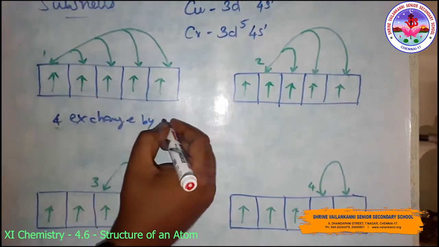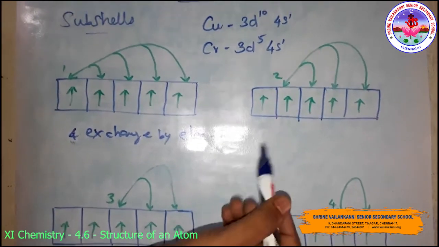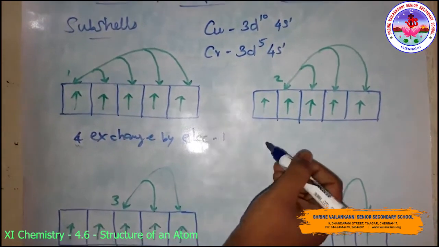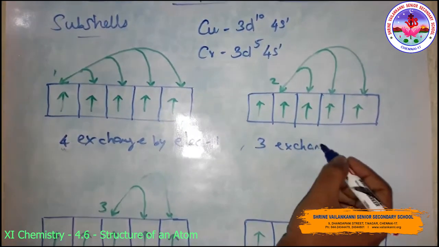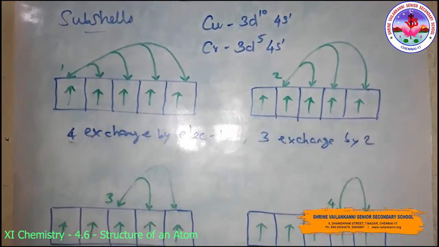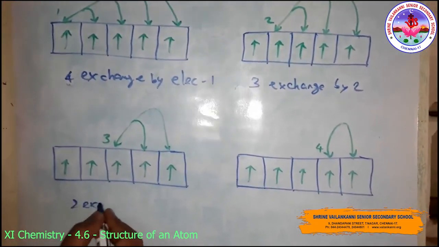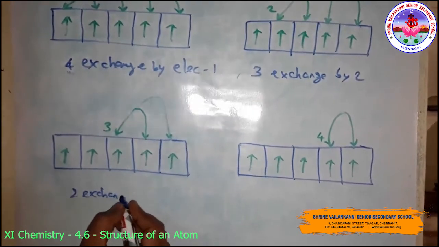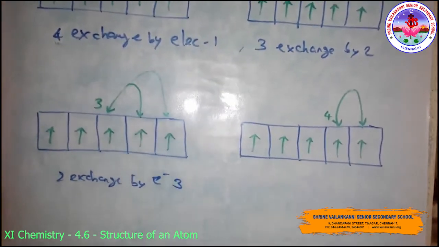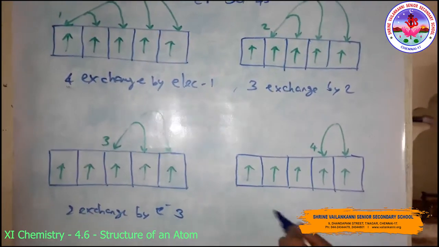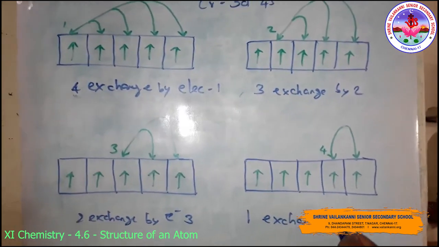Then look at this 3 exchange by 2. Then 2 exchange by 1, sorry, 3 exchange by 3 electrons. Then look at this 1 exchange by 4 electrons.